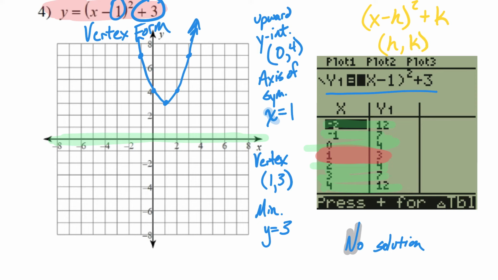We'll get further into these as we move further into our parabolas, but this is helpful to touch on early. Notice again that the h is the opposite of 1, but that's why it's called vertex form, because you can immediately extract out the vertex.